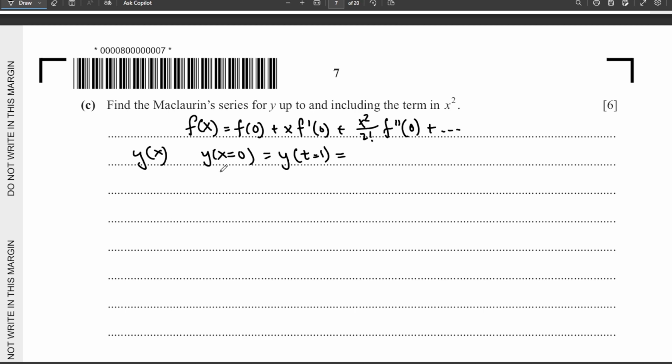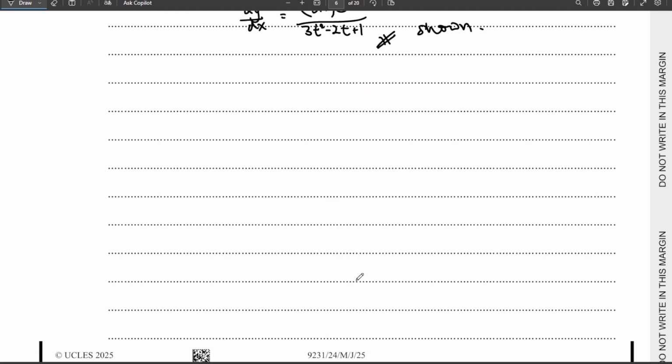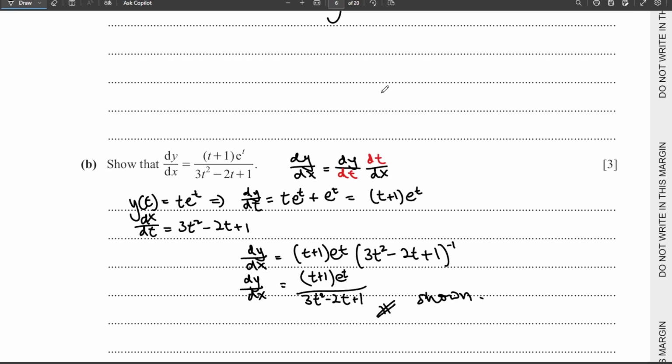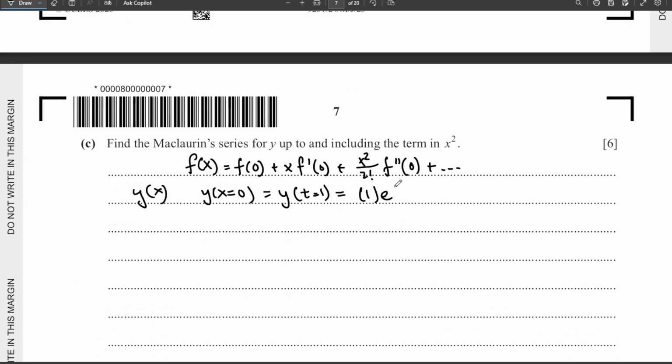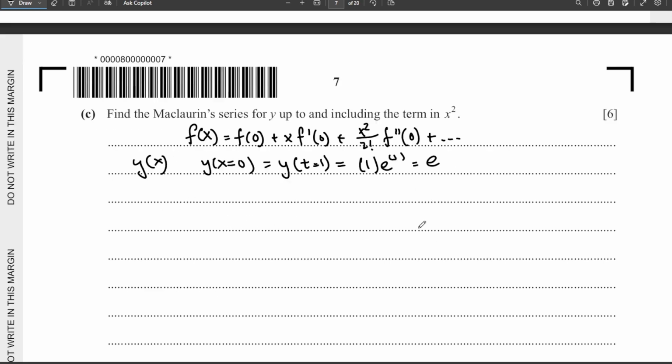So only when t is 1 will our independent variable be 0, as we proved in part A. So we substitute that into y of t, and we just get e as a constant. So y when x is 0 will be e.